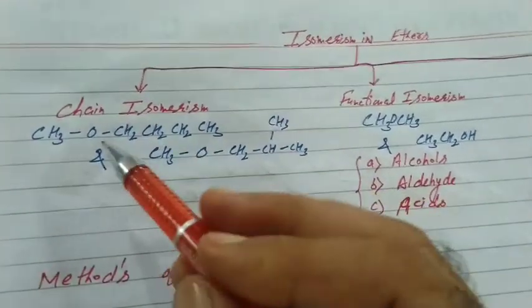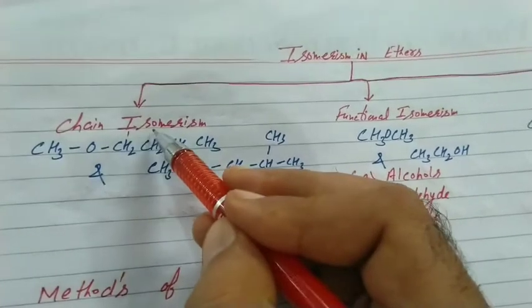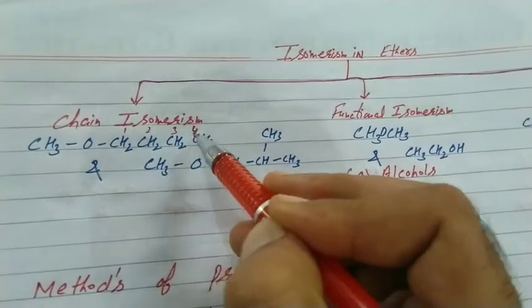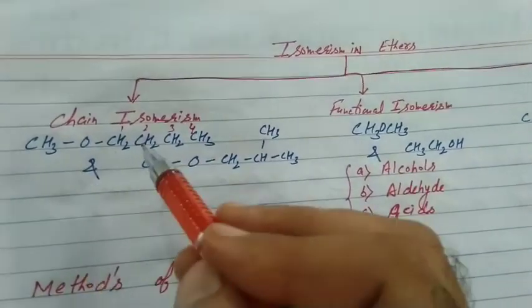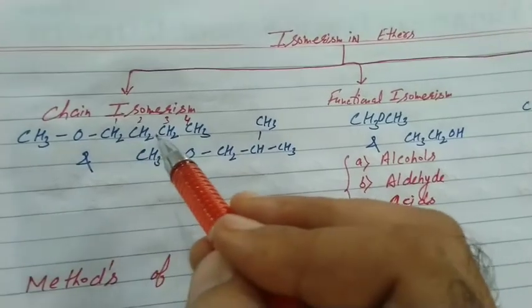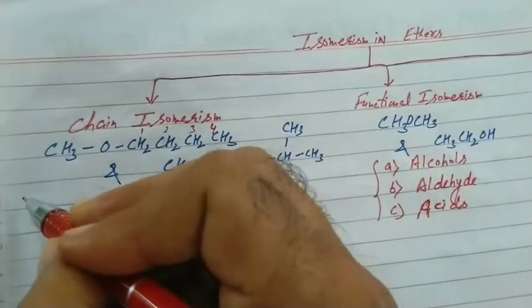It's clear. The first one is 1, 2, 3, 4. When we name mixed ethers, the small end is substituent and the long end is parent chain. Its name is 1-methoxybutane. 4 carbon atoms are there.